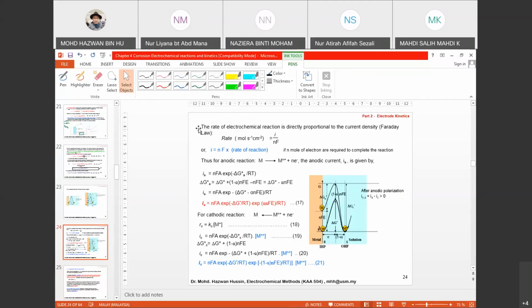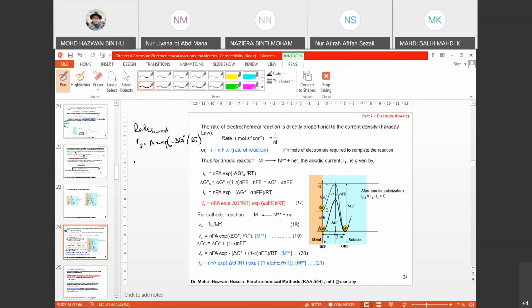Earlier we saw that the rate of the forward reaction is A exponent minus delta G asterisk over RT.